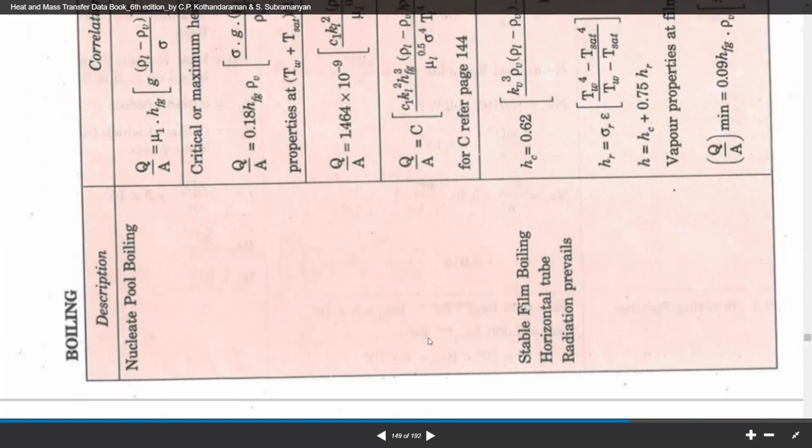Two descriptions are given. The first is nucleate pool boiling, and this equation holds good when the excess temperature is between 5 and 50 degrees centigrade. If the excess temperature is more than 50 degrees centigrade, then film boiling or radiation comes into the picture.